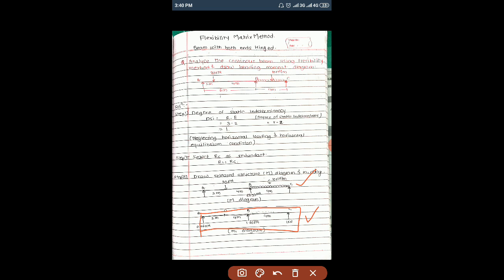So what I have done here for the M diagram is that I have shown all the loads and the span, and I have also calculated the reaction at B. You can easily calculate the reaction at B for a continuous beam, and this is a very simple type, that is a simply supported beam. The M1 diagram is the redundant diagram.